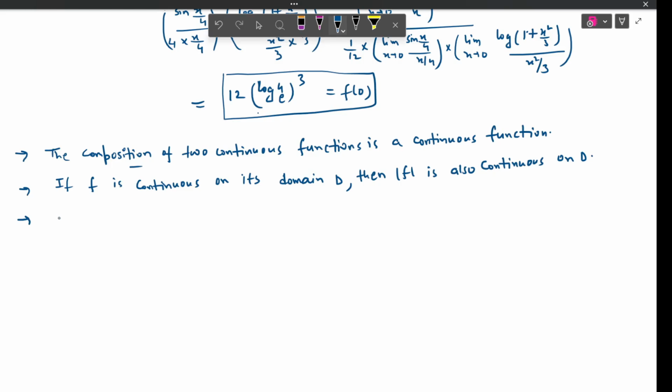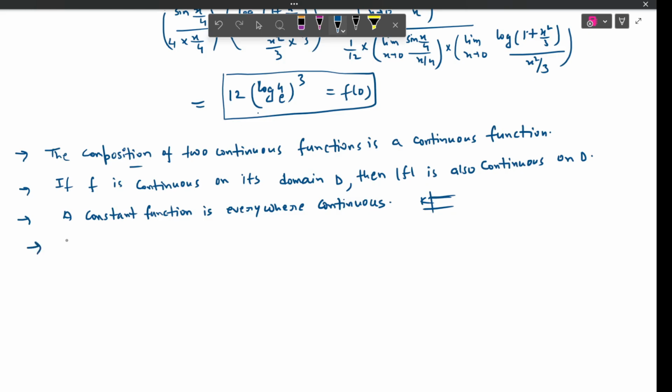Next point, a constant function is everywhere continuous. See, this is a continuous function, right? Constant function, that will be continuous.